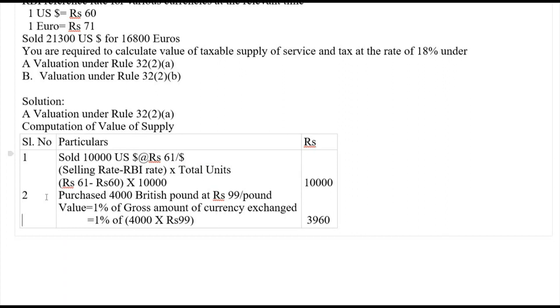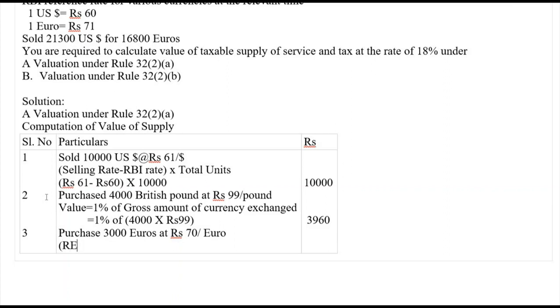Then the next, number 3, purchase 3,000 euros at rupees 70 per euro. So now we have been given the reference rate for euro here.